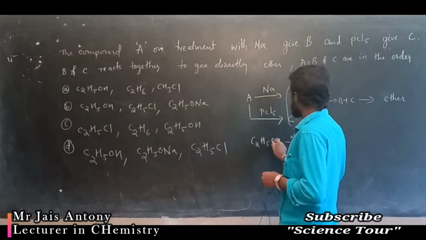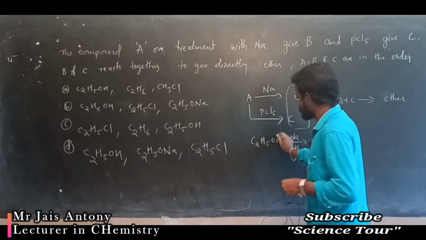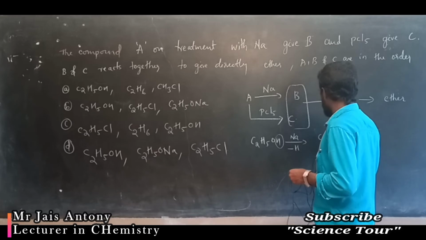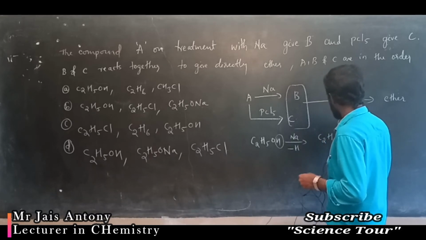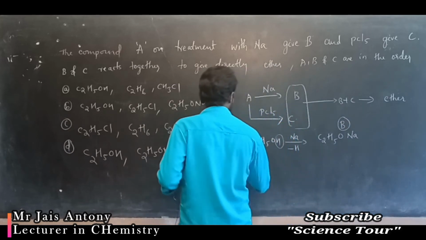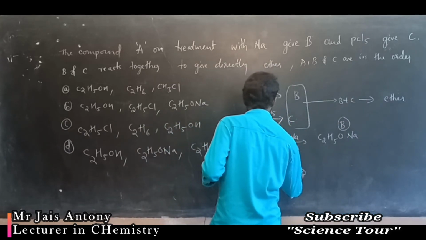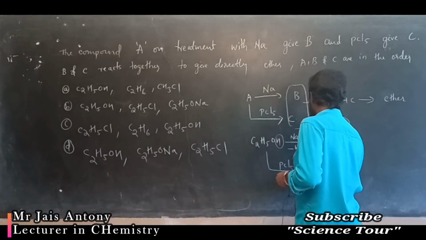What does it give? The hydrogen is removed, and it gives C2H5ONa, sodium ethoxide. This is nothing but B. And if it reacts with PCl5, what does it give?